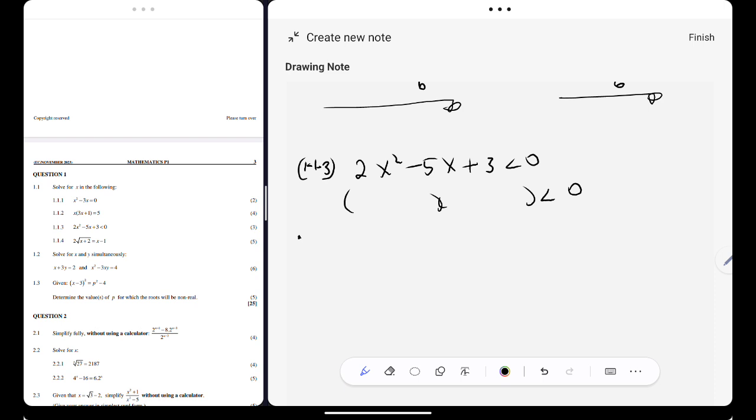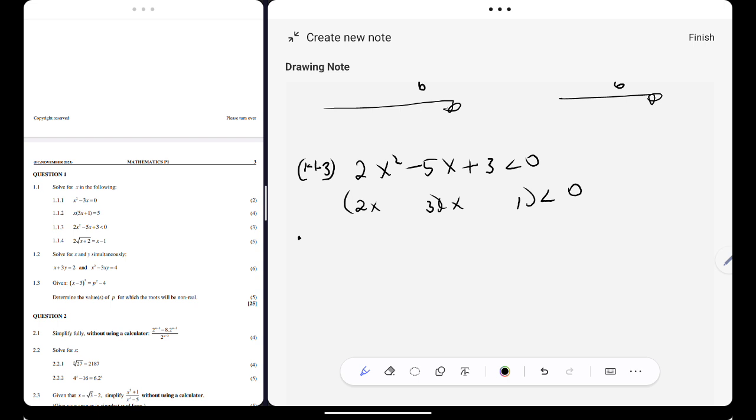The factors of 2 and 3 that when I add will give me 5. So it will be 2x here, x here, 3 and 1. And then since we have a plus 3, that means our brackets will have the same sign, but not just any sign, the sign of the middle term, which is negative.